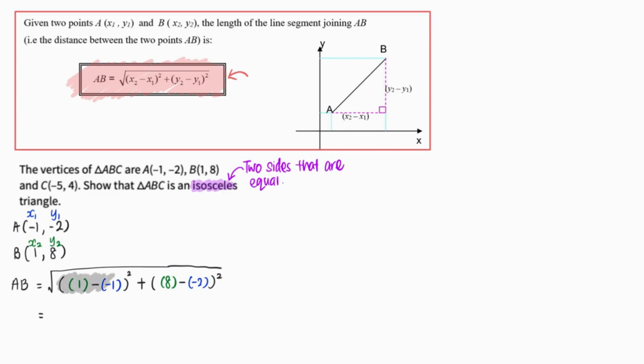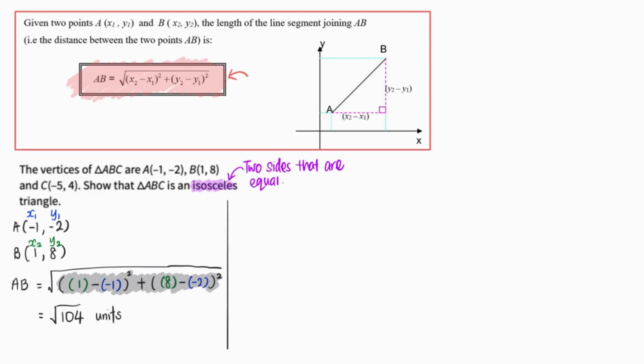I just need to find the value inside the square root if the answer is not an exact value, and in this case it is indeed not an exact value. And because we are given the coordinates, this is in terms of units. We continue to work on two more lengths before we can safely conclude.